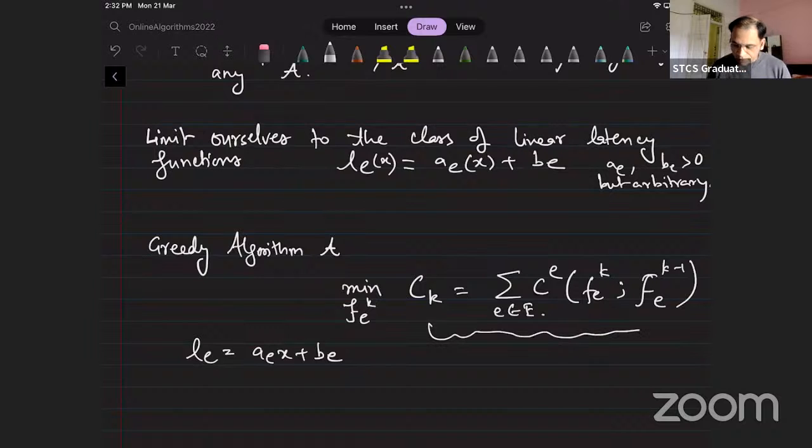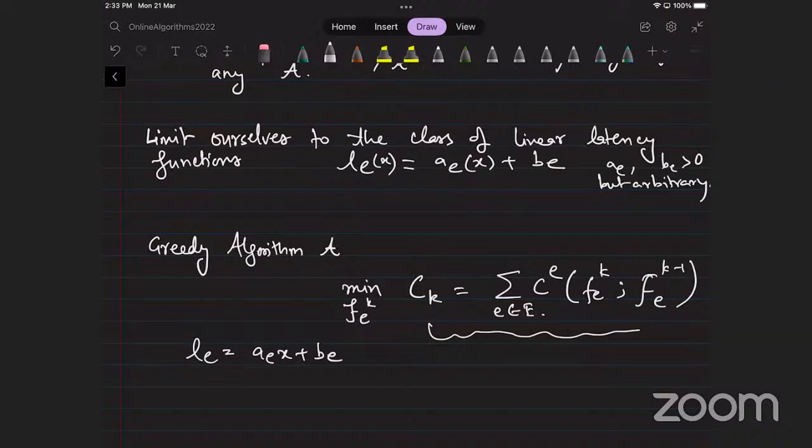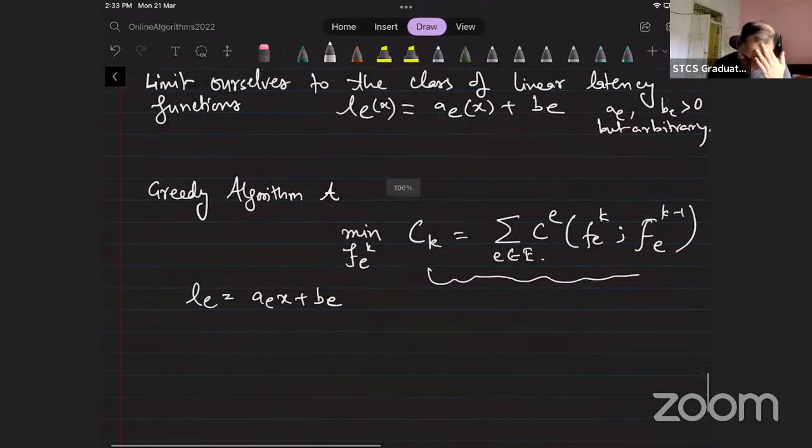Can I efficiently solve this problem? So let me ask you in a different way. Is this problem convex? Yeah, I think so. It's convex, and why is that?